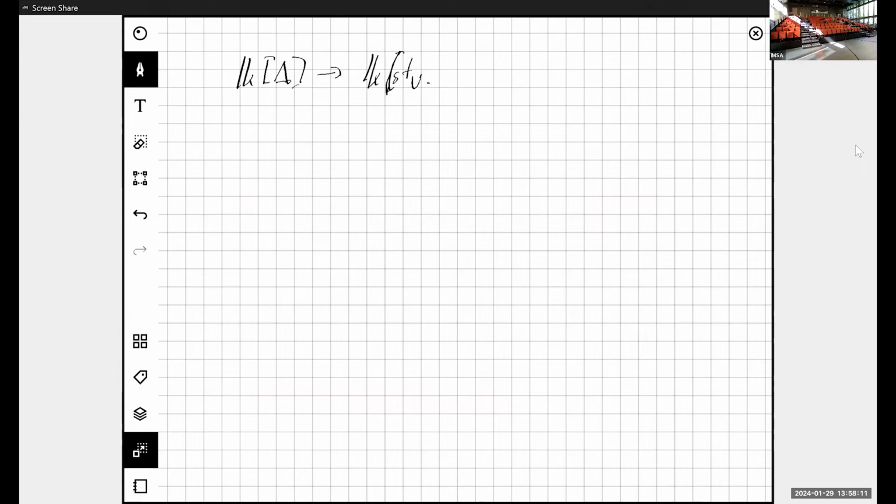All right, and that's a natural map. I have my simplicial complex sitting in some way in some space, and now I want to look at the restriction to this star here, just the star of this vertex v. All right, so this is a natural map.